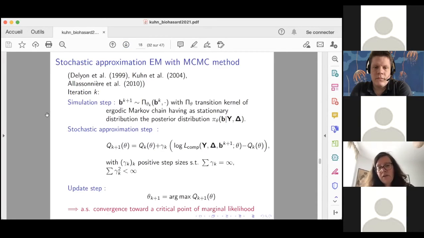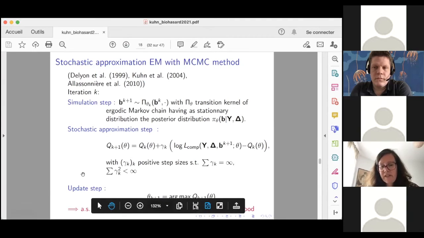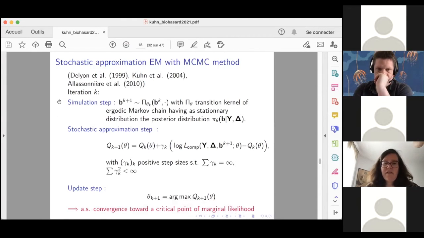And we had to take the version which couples this algorithm with a Markov chain Monte Carlo method due to the complexity of our model. So just briefly, at iteration K, you now have 3 steps. The maximization step will remain unchanged, but it's not the same quantity Q that you use to maximize and update the parameter. The E step is split into 2 steps. The first step is where you simulate the latent variable.